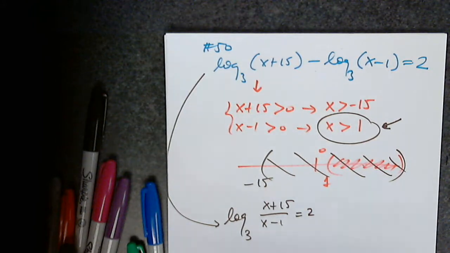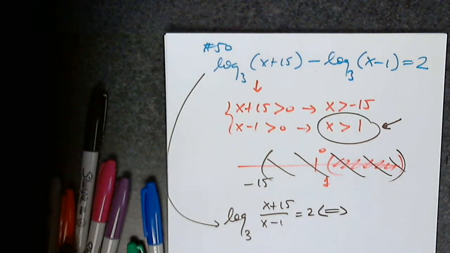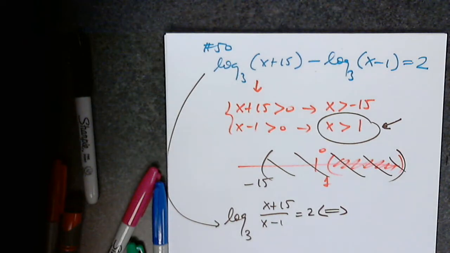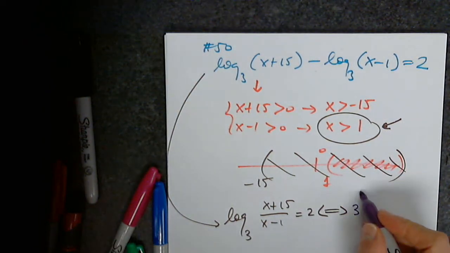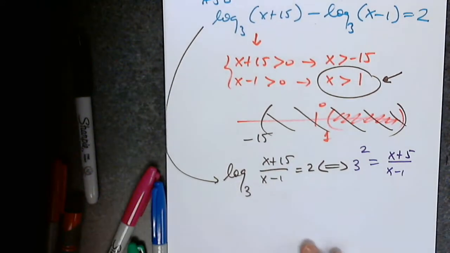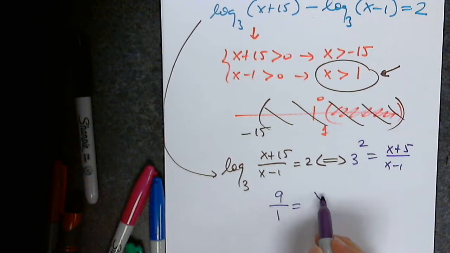And now I can convert it. Okay, 3 squared equals x plus 15 divided by x minus 1. Very good. And 3 squared is 9, or 9 over 1. And now you know why I put 9 over 1.